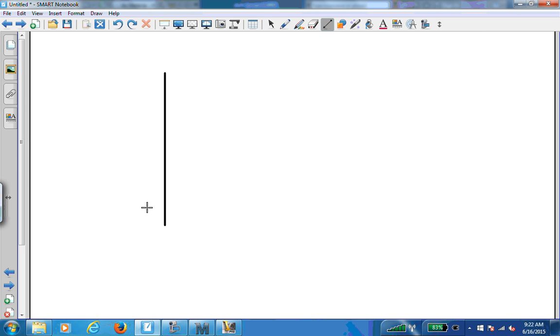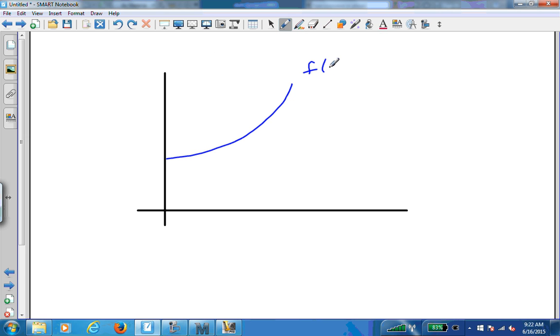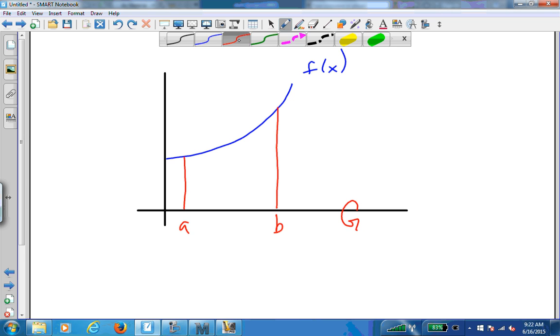So let's look at how we would calculate some of these volumes. Let's begin by taking just a generic function. Let's say we're going to take it from A to B, and we want to rotate that around the x-axis. So let's take a sample element that's vertical.